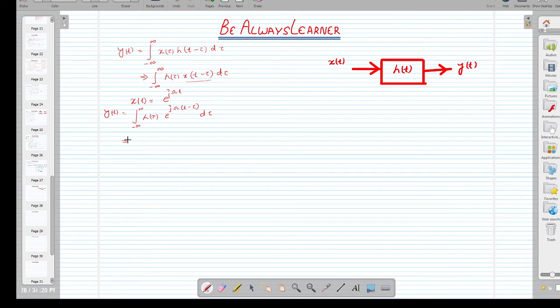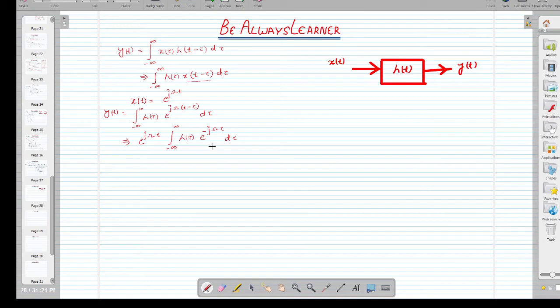Now we have to integrate with respect to tau, so we can take e raised to the power j omega t common, outside the integral. So we can write it like integration of h(tau) e raised to the power minus j omega tau d tau.